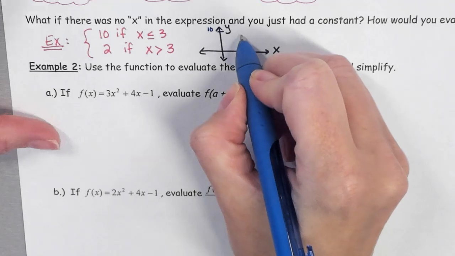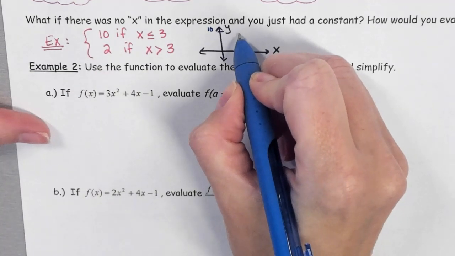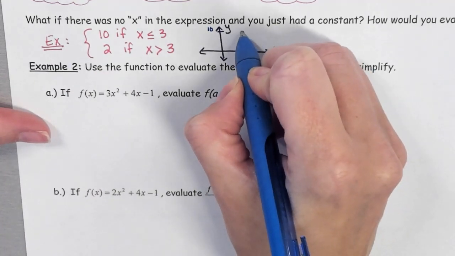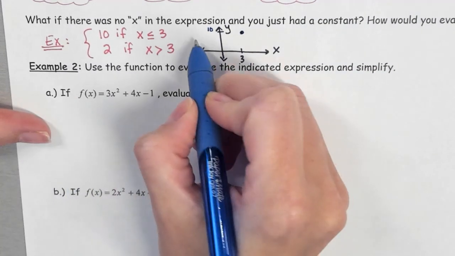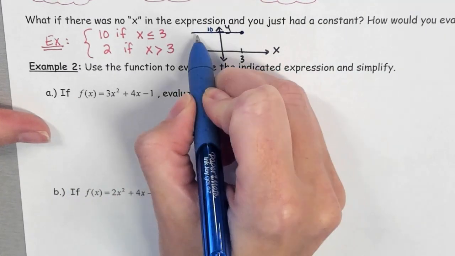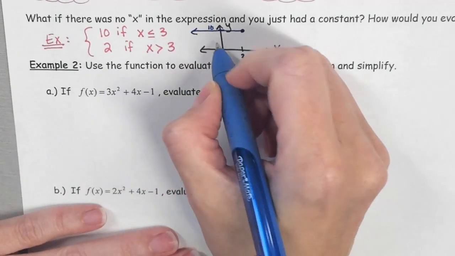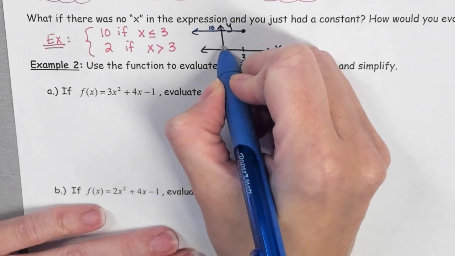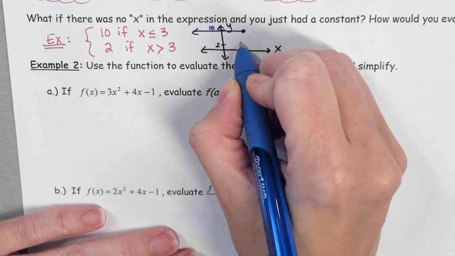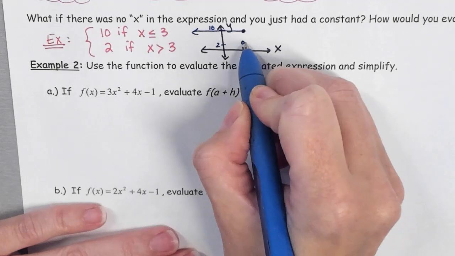Okay, so you would have a closed circle. And then if it's just a constant, it's just a horizontal line, right? Going to the left. And then if it's at 2, I would say this would be 5, so maybe 2 would be here. And then we'd have an open circle going to the right.